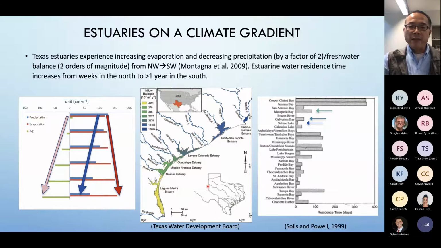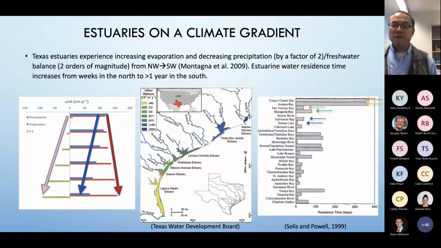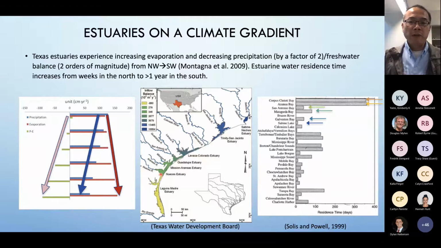Then Matagorda Bay, and San Antonio Bay to the south, and further closer to our region, the Mission-Aransas estuary, so Aransas Bay over here. Then Corpus Christi Bay, that's this red dot, that's where I am right now. You can see that the residence time of the water in these estuaries got extremely long as you move along the coastline to the south.